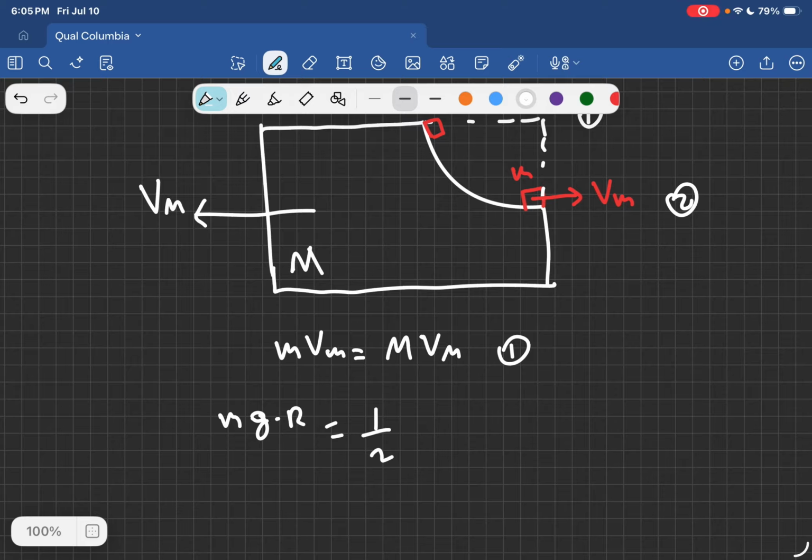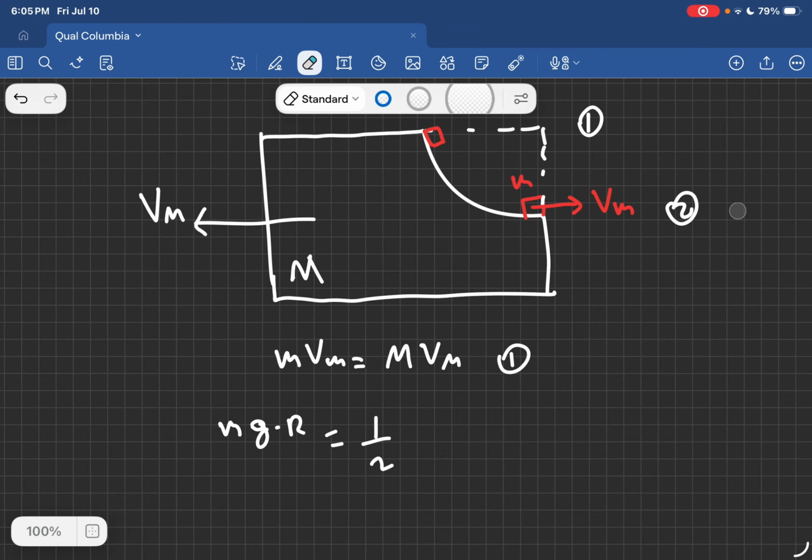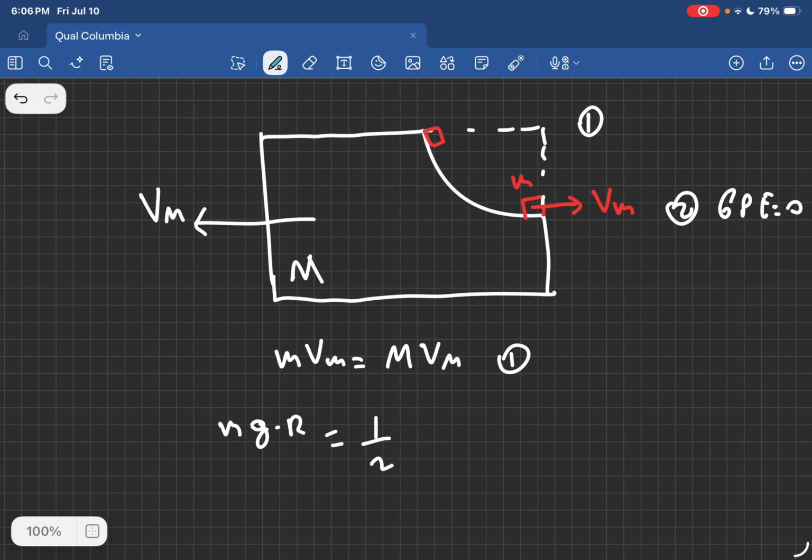So at point 2, we take the gravitational potential energy, let's call it GP, to be 0 there, okay?